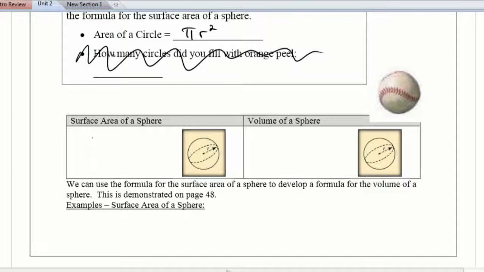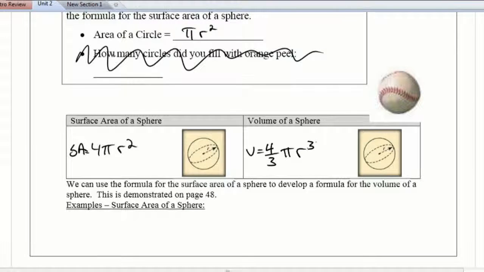Surface area of a sphere, again, we don't have to memorize these things. They're given on our formula sheet. Surface area is going to be 4 pi r squared, and the volume is going to be 4/3, or 4 over 3, pi r cubed.